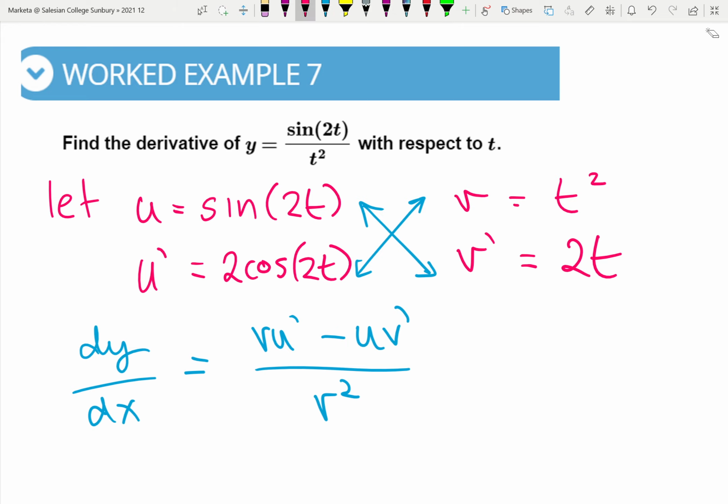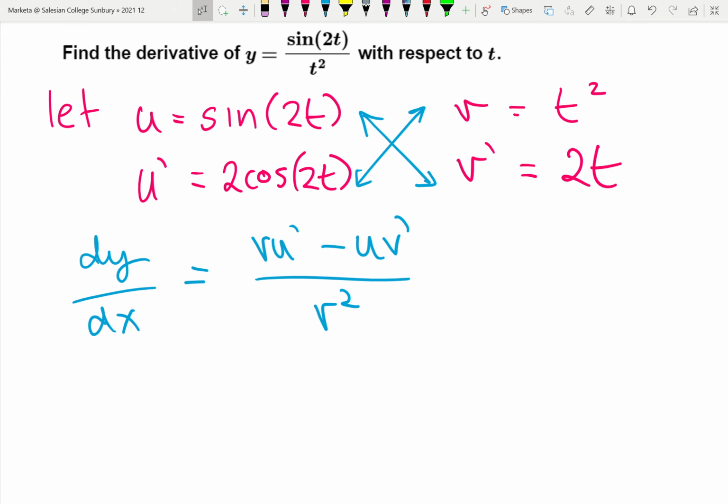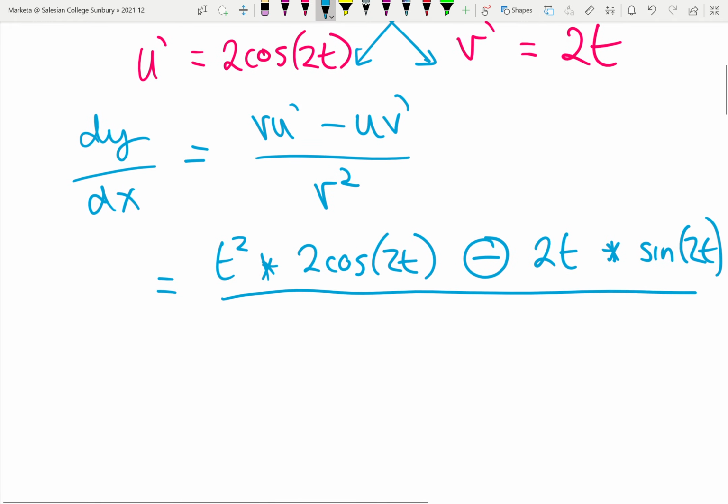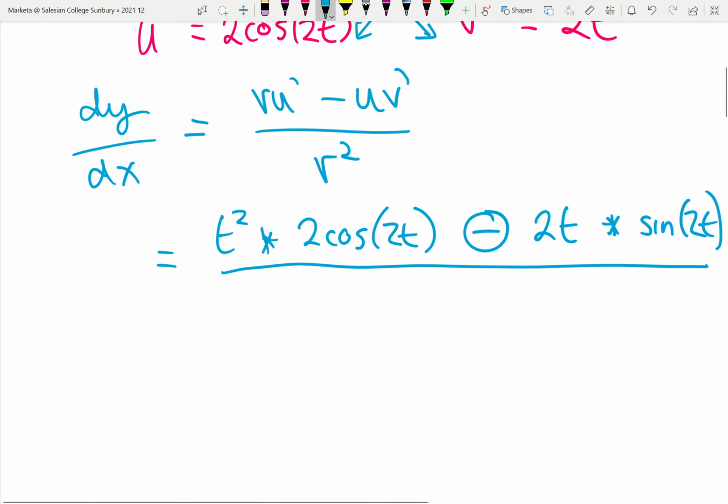So let's do it. vu dash, which is t squared times 2 cos 2t, and we're subtracting uv dash, so 2t times sine of 2t, over v squared, which is t squared, squared.